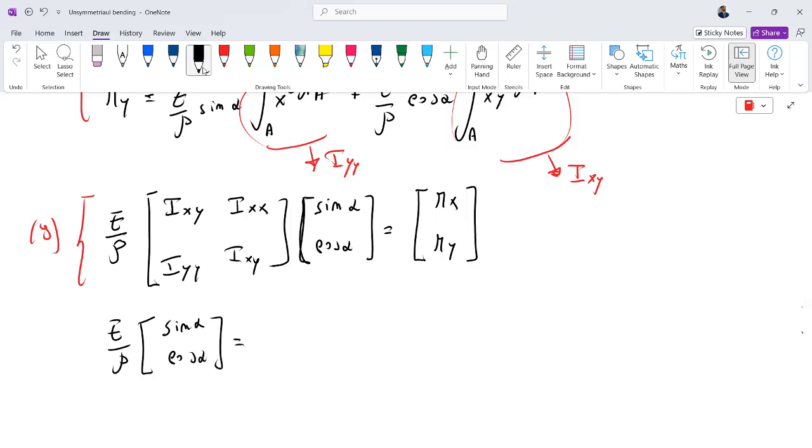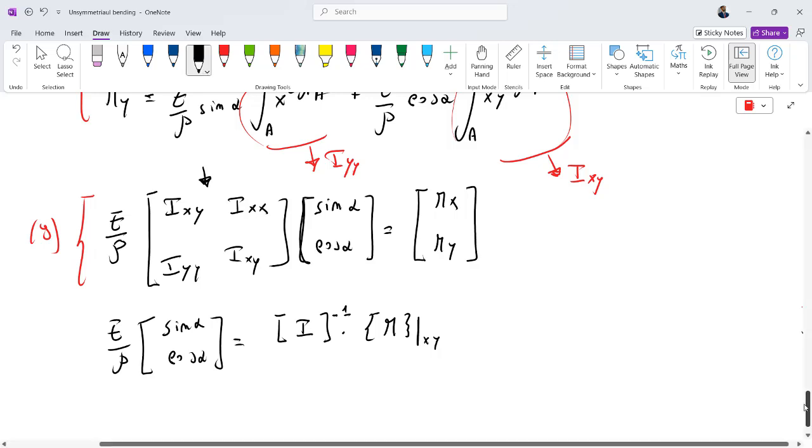that is equal to the inverse of the matrix, let's say the I matrix, the inverse of this matrix here. This is the I matrix for me, not the identity matrix. Multiplied by the column vector, let's say the moment column vector xy, to remind us that in this vector there are the projections of the applied moment, that is mx and my.